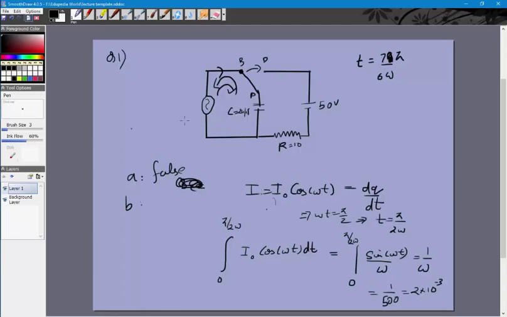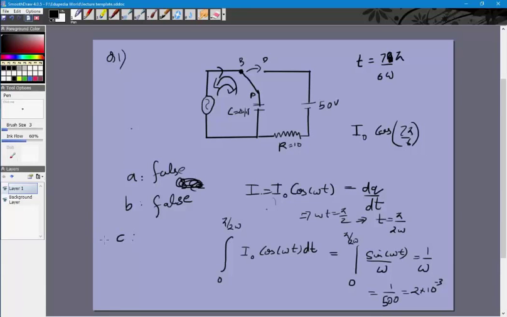The value at 7 pi by 6 omega will simply be I naught cos of omega t, that is 7 pi by 6. We know that this is negative because it's in the third quadrant, so it has to be opposite to the arrow. That means counterclockwise. That means option B is again false because B says it will be clockwise.